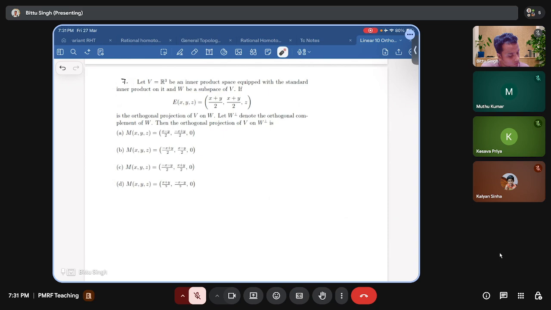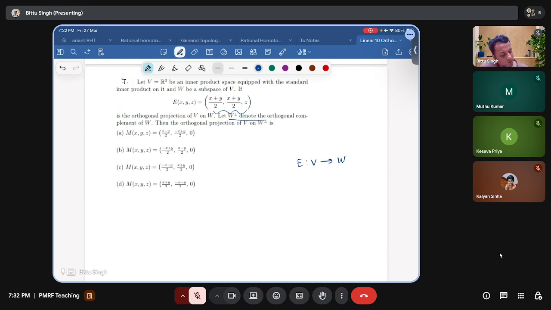This is the orthogonal projection E from V onto W. So we are projecting the whole vector space on this W. We need to find W perp, the orthogonal complement of this W.